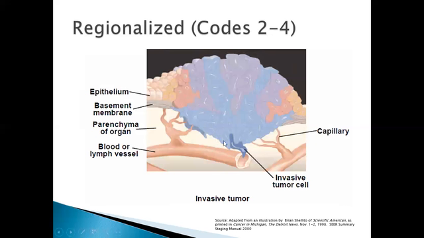It can go through the capillaries, it can go into the blood vessels, and once it gets to the blood vessels, that's how distant metastases come.